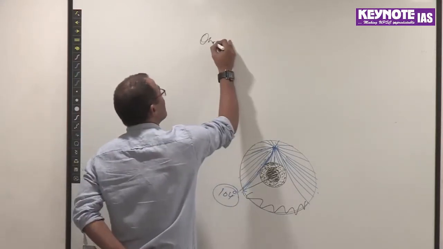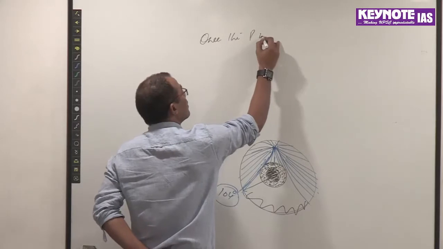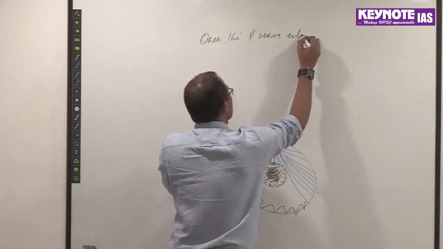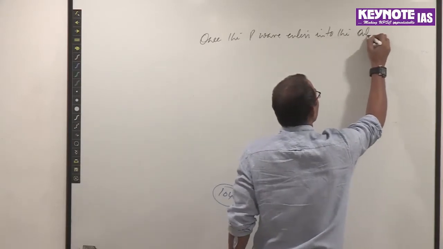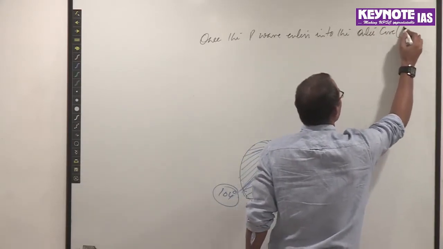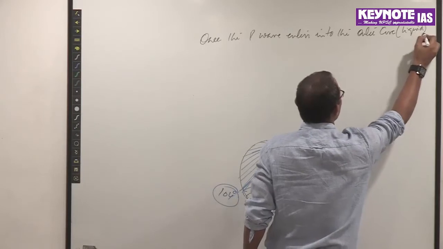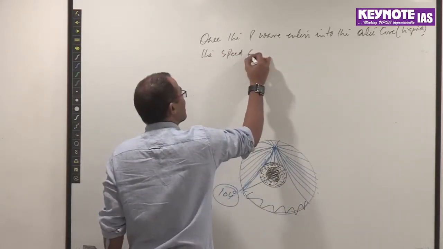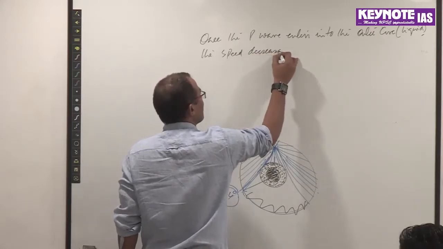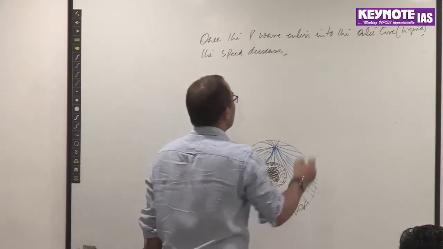once the P wave enters into the outer core, that is liquid, the speed decreases, right?